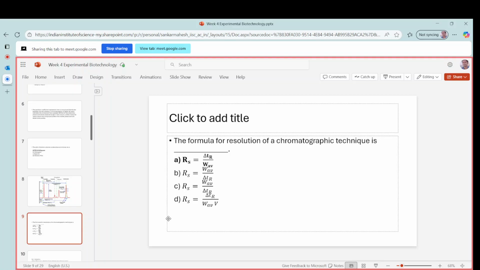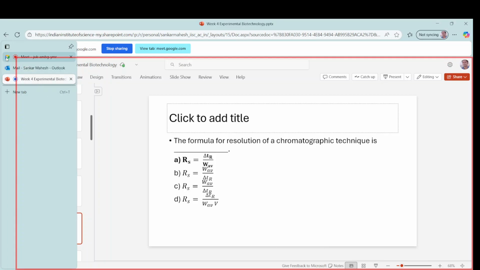The next question is, the formula for resolution of a chromatographic technique is dash, and four options are given here. To start with, if anyone can tell me what resolution means here, that would be helpful. We can take it from there.